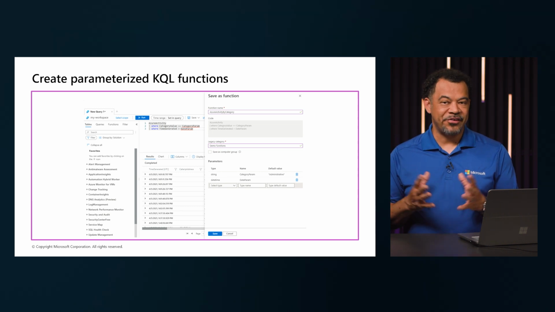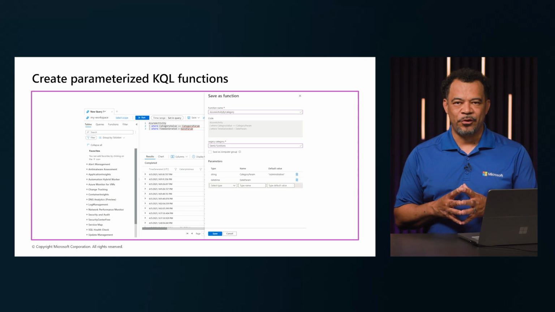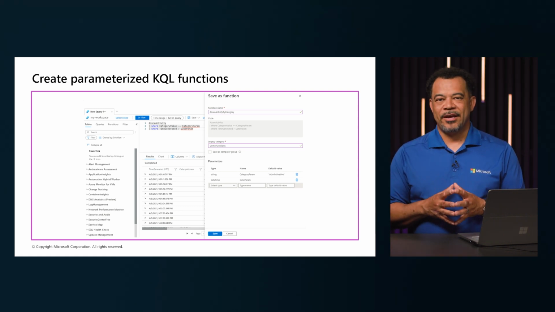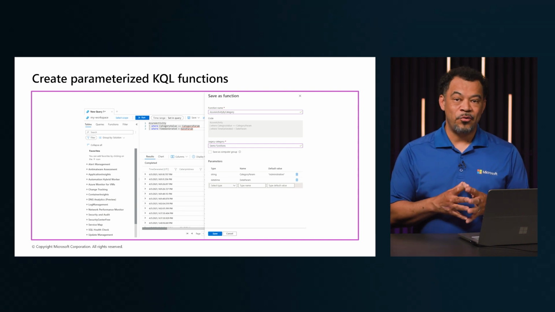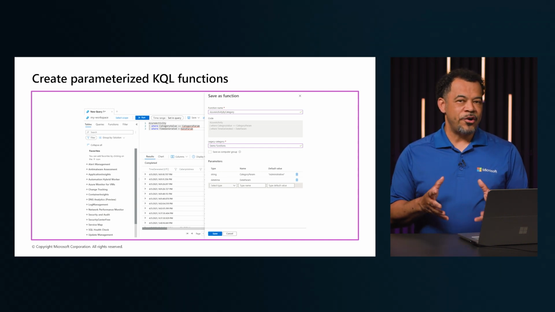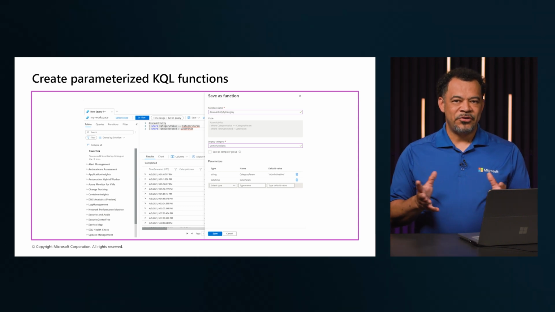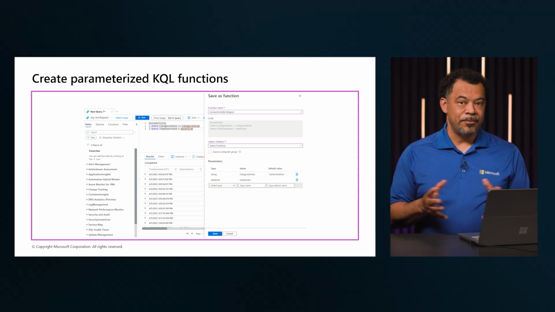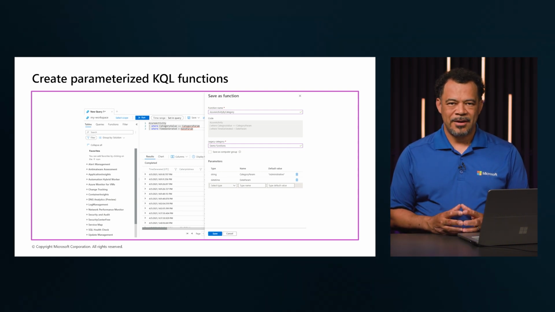Creating KQL functions is simple. You start by opening the query editor in your Microsoft Sentinel workspace and writing your KQL query, inserting placeholders for any parameters you want to define. Once your query is ready, select the option to save it as a function. In the Save dialog, assign a clear and descriptive name to the function and, if applicable, choose a legacy category for organization.